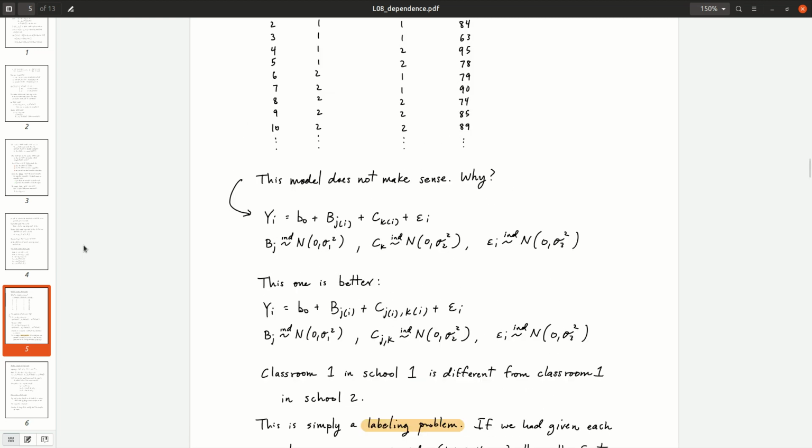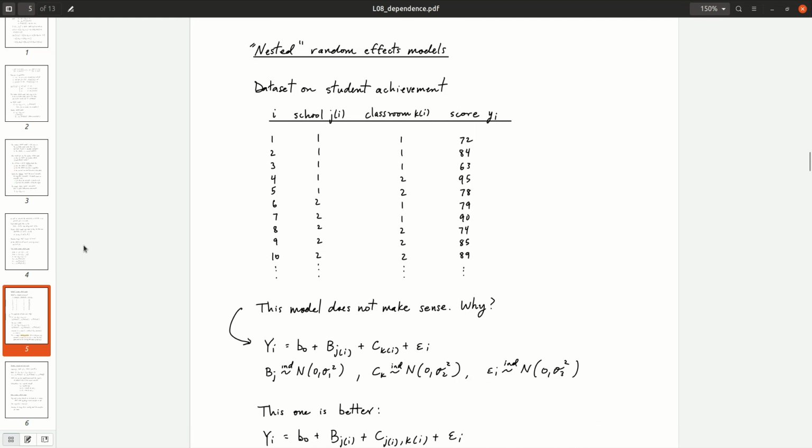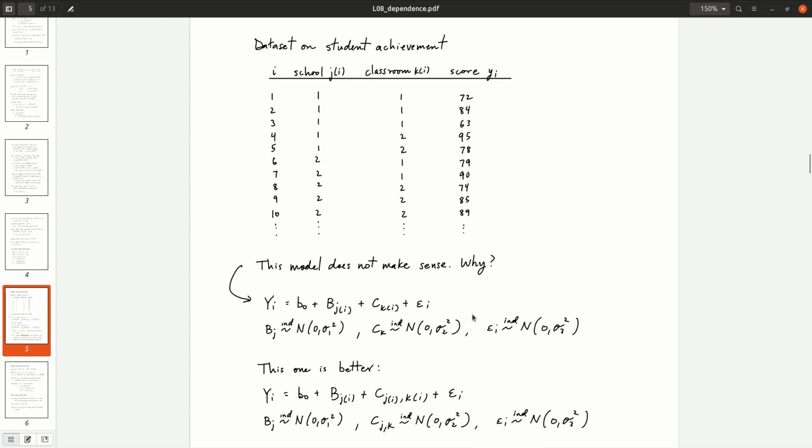To summarize, what I want you to take from this is that this idea of a nested random effects model, classrooms nested within schools, makes things more complicated than it needs to be. If you simply give each individual classroom a unique label, for example 1_1 for school 1, classroom 1, 1_2 for school 1, classroom 2, and 2_1 for school 2, classroom 1, and so on, then you could just fit this two-factor model.